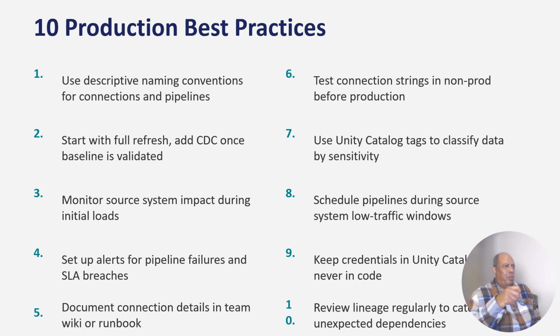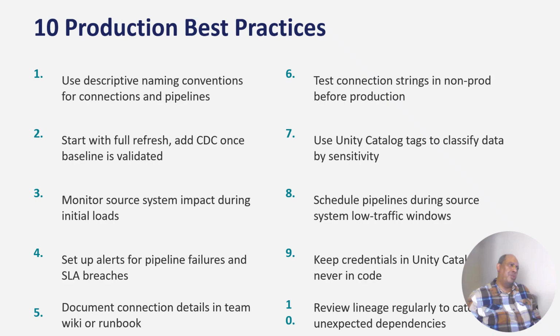Now, number three is monitor source systems. This is again very important. The impact on the source system is critical. If the source system is serving patients, for example, you shouldn't compete with patients to get data. The whole purpose of the organization is to see patients, and your loading should not impact the patient service, or whatever it is.